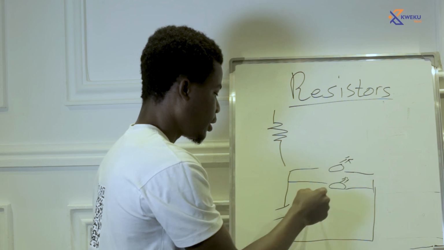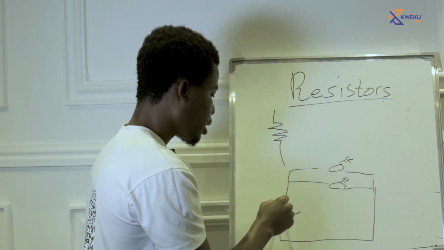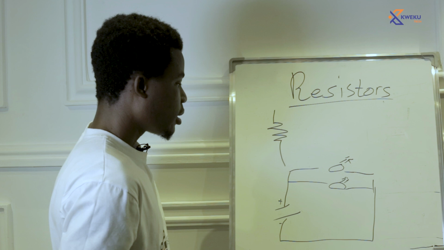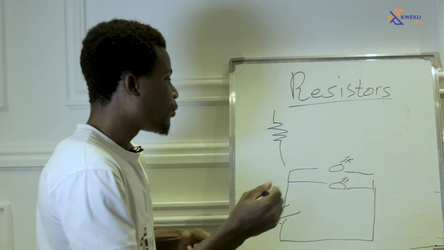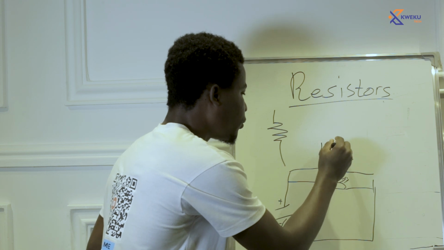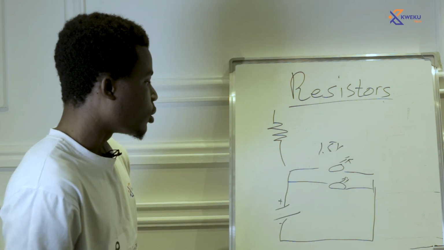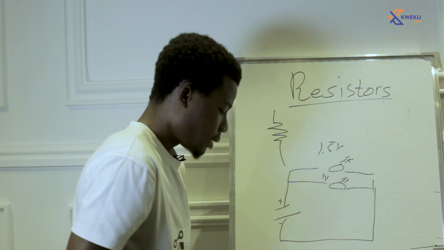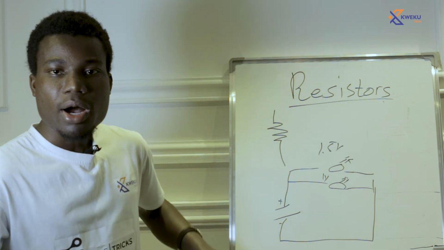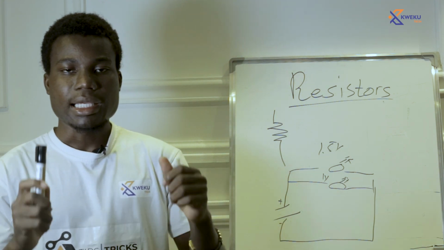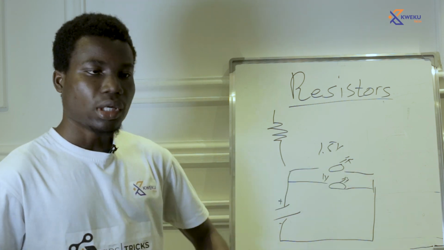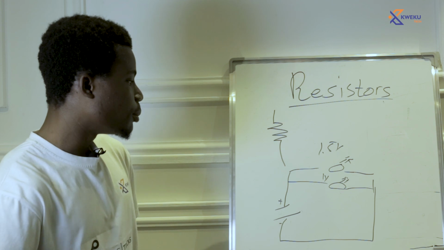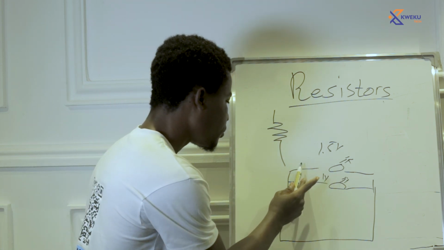And then this will be our power source. So let's see if we have this. This takes 1.5 volts, 1.5 volts. And then this also takes 1 volt, right? But if our power source here is a 1.5 volt source, there is no way to control it, right? So we can put a resistor here.